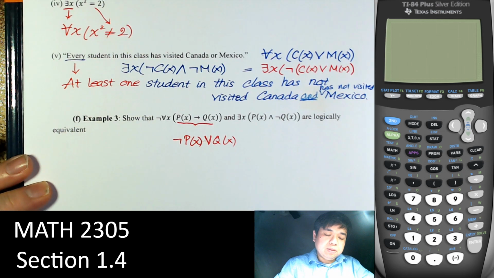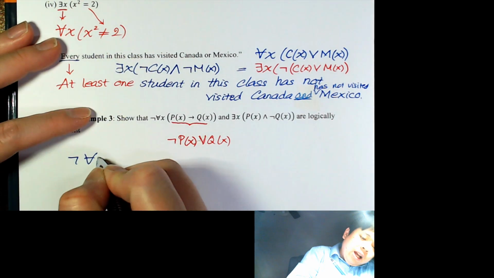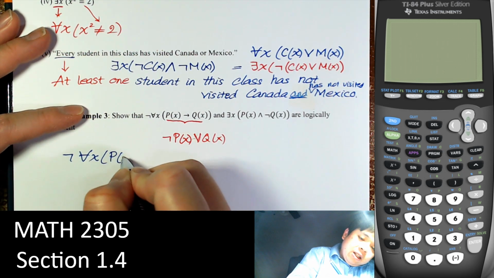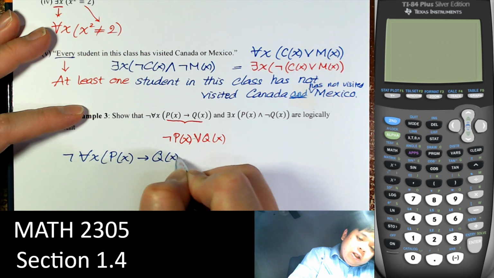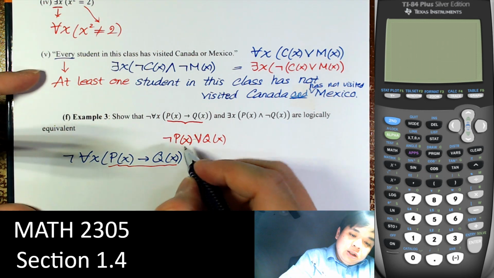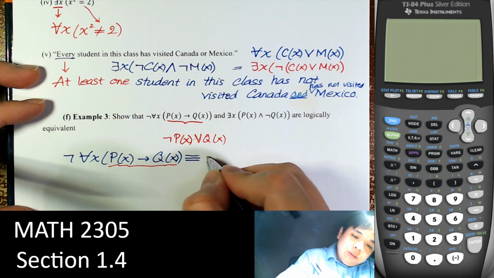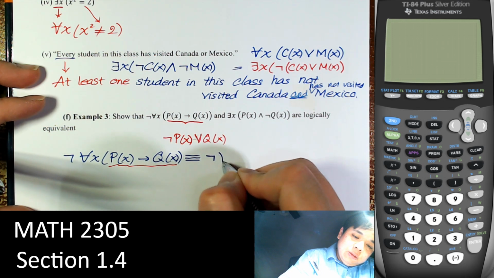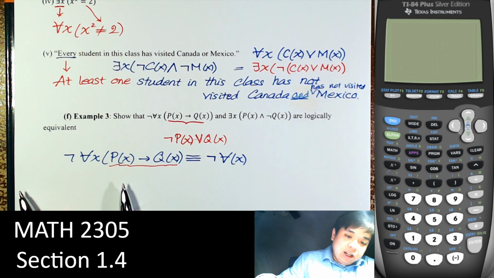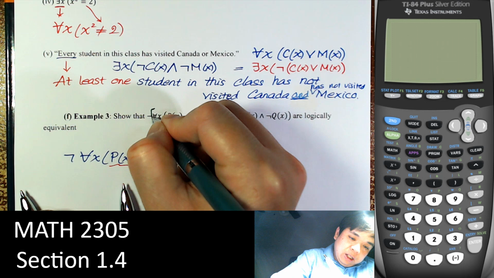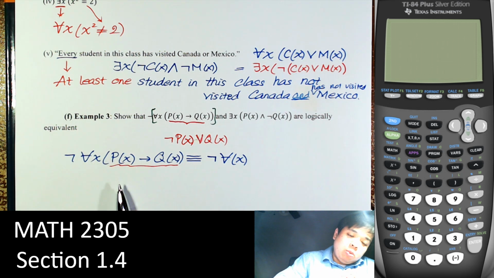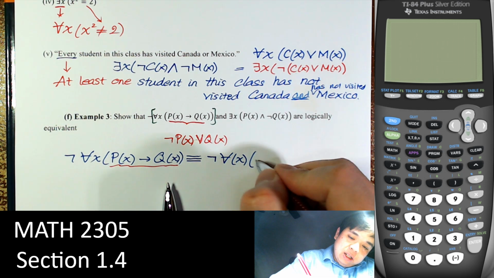We have the negation of for every x, P of x implies Q of x. By the way, when we write like this, we mean the negation of the whole thing. So first we replace inside the parentheses by this.